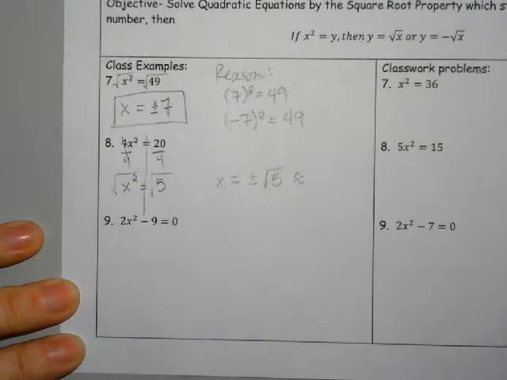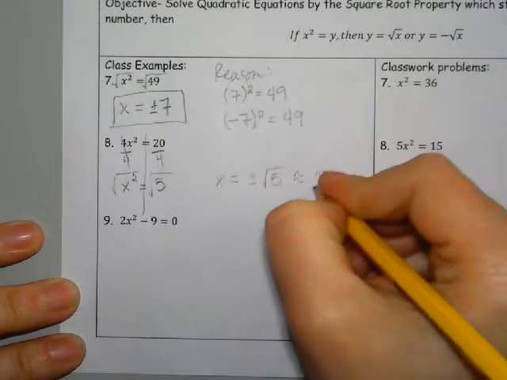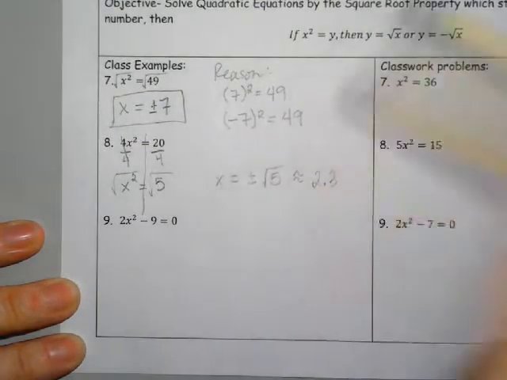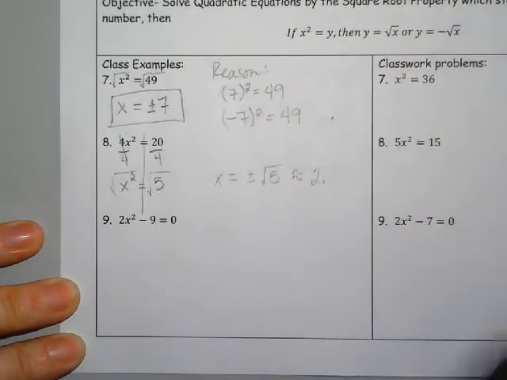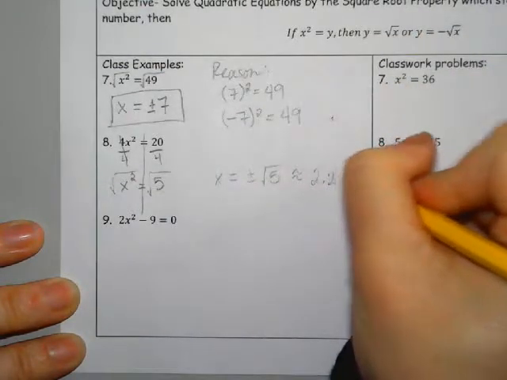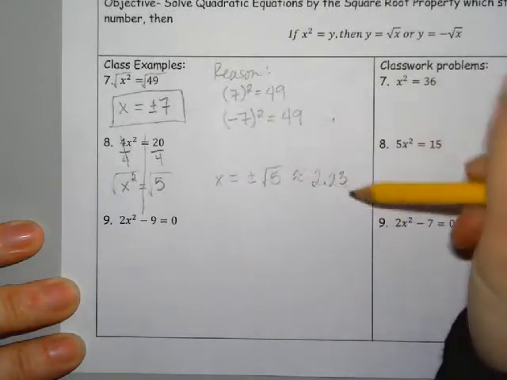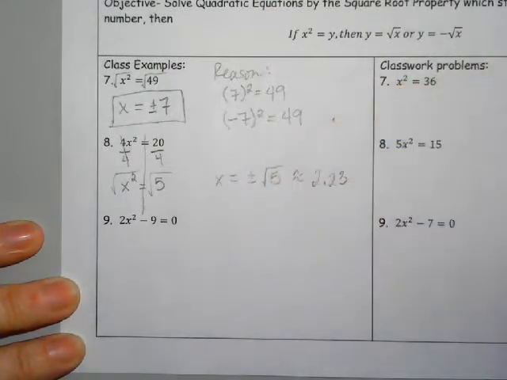So I've got x squared equals 4.5. 9 divided by 2. So x equals, and I'm going to leave this as plus or minus the square root of 4.5.